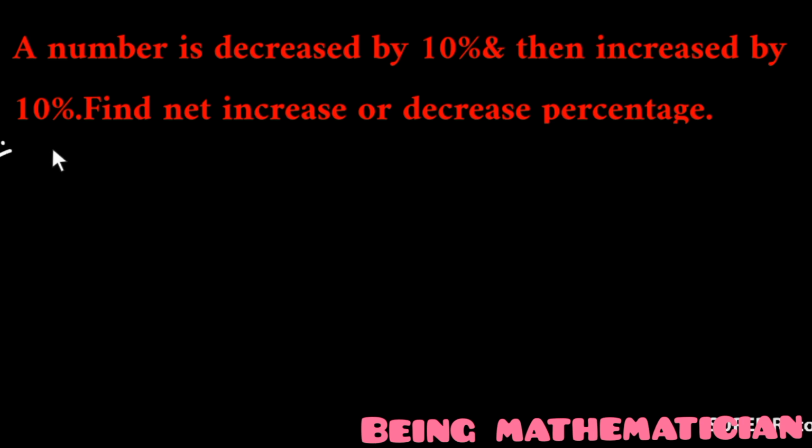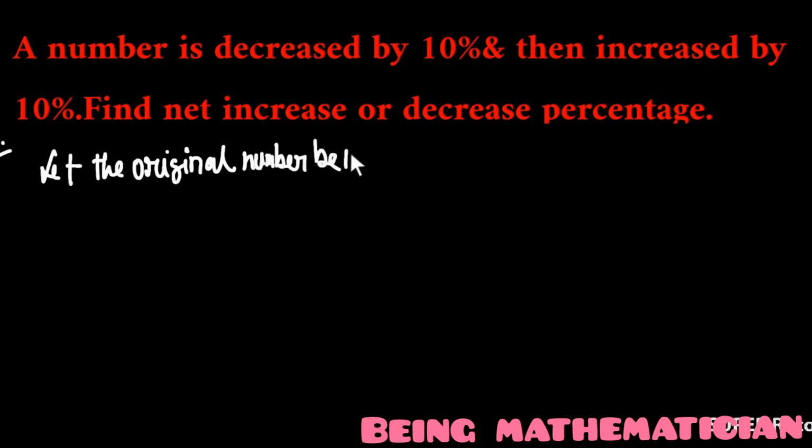First of all, let the original number be 100. So after a 10% depreciation of 100, it will be 100 into 1 minus 10 by 100, that is 90.